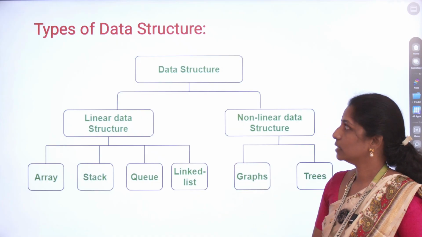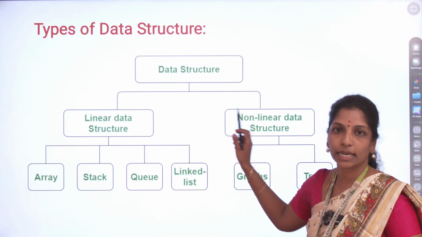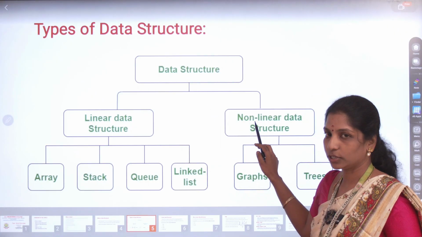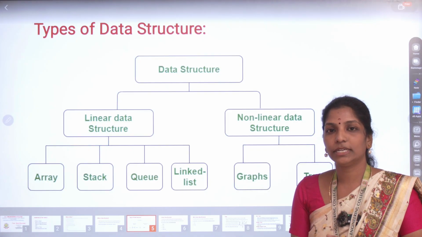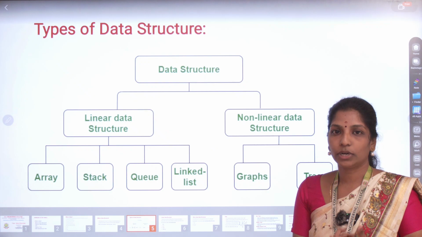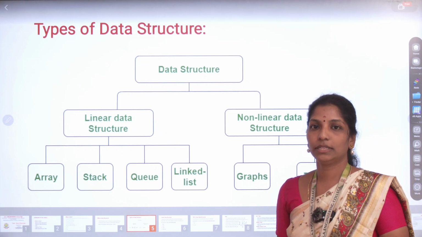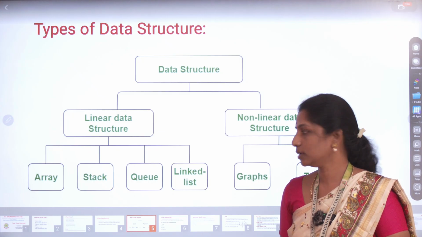Let's see the types of data structure. We have two different types of data structure. One is linear data structure, and the other is non-linear data structure. From the name itself, linear data structure means the data is arranged in a linear way, which means the data follows a certain pattern or sequence.